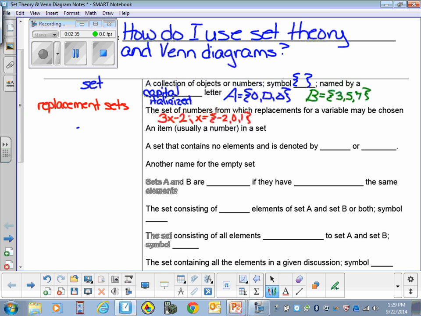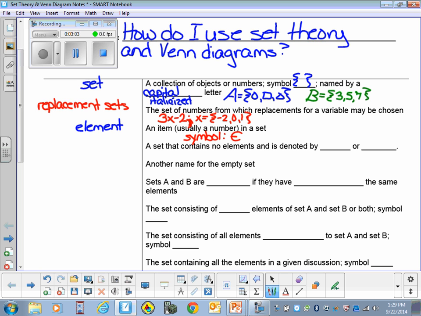An element is, is that a semicolon or an I? That's a semicolon. An element is an item, usually a number, in the set. We do have a symbol for element.